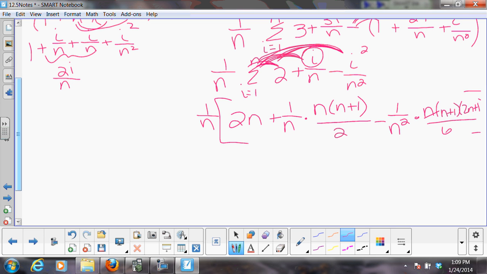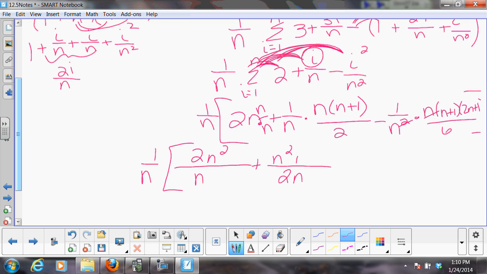Well, these n's can go away, right? Because there's an n left in this last denominator, I'm not going to cancel the one in the middle. But I do need a denominator for the first term, so I'm going to multiply it by n over n. This becomes 2n squared over n plus. This is 2n, and this becomes n squared plus n. And this one's 6n, and the top is 2n squared plus 3n plus 1.